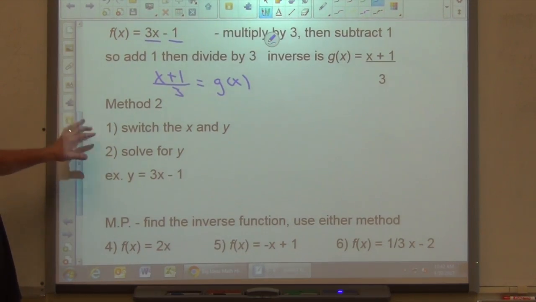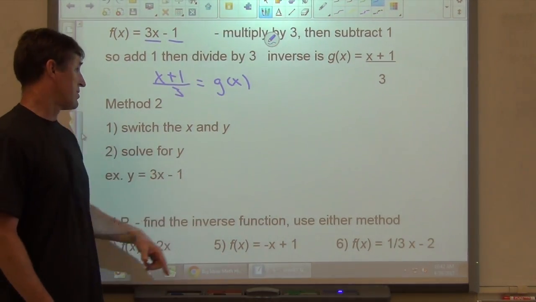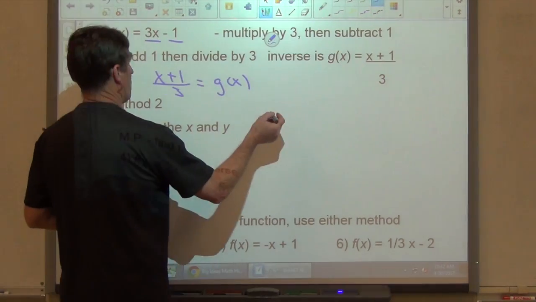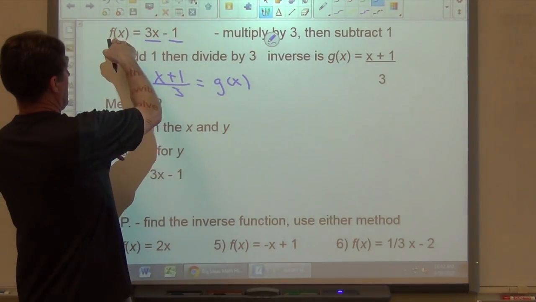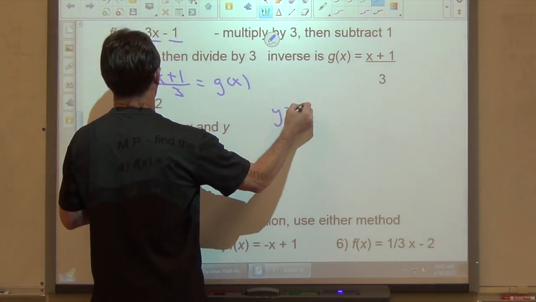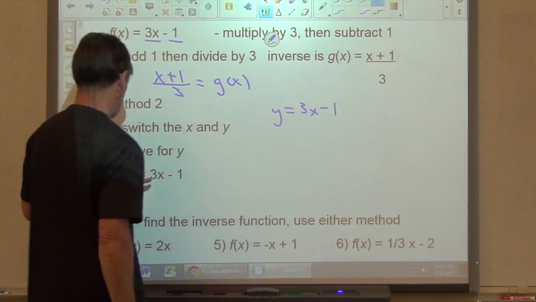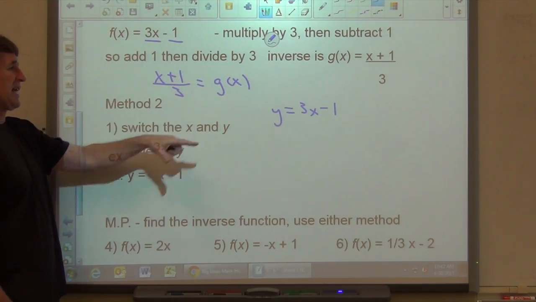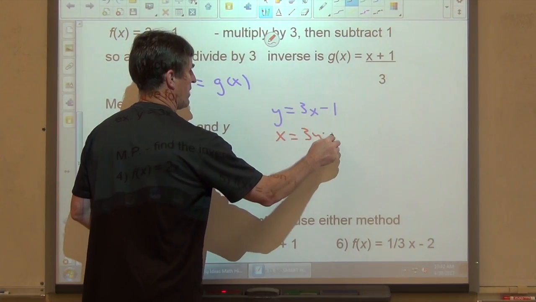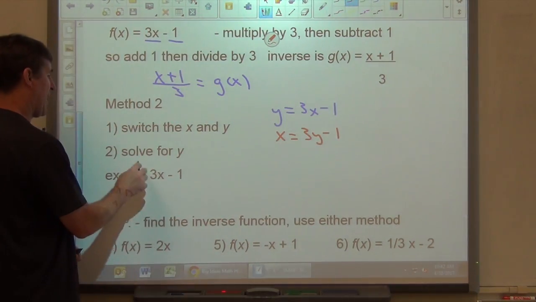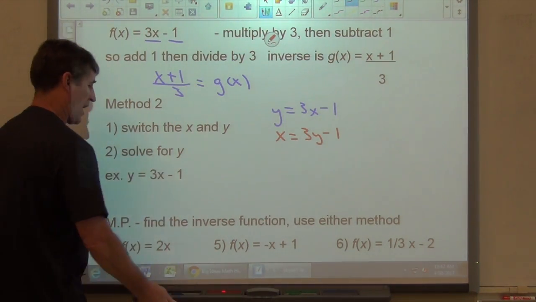Method 2 is you simply switch the x and y values, so we're going to do the same function. Remember, f of x is the same as y, so y equals 3x minus 1. The first thing we do is switch the x and y values, so we go x equals 3y minus 1. And then, secondly, we solve for y.